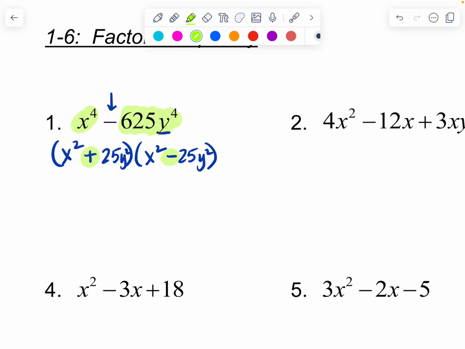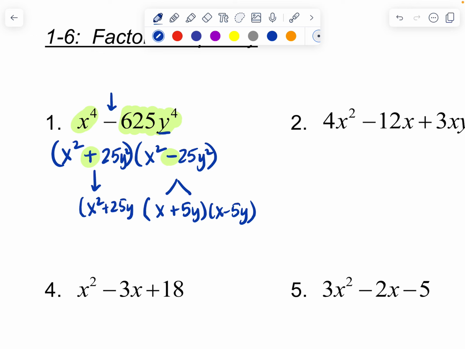But because this one's a minus, I can actually factor this one a little bit more. So this would be x plus 5y and x minus 5y, another difference of two squares. And then you guys, this one, since it didn't factor, it just kind of drops down and tags along for the ride. All right, so here's the answer to number 1.